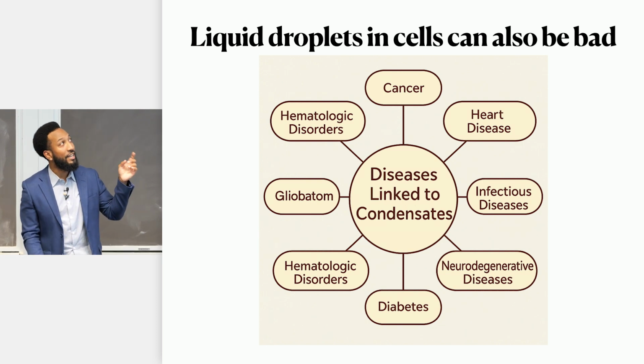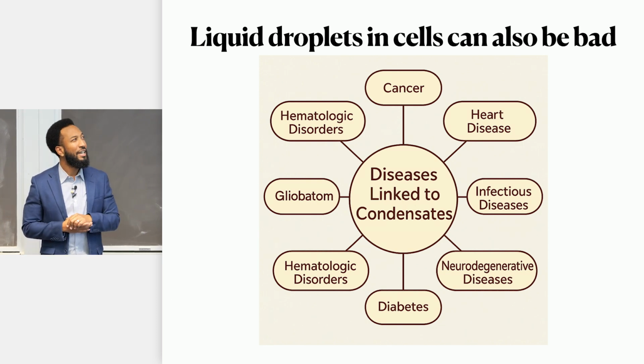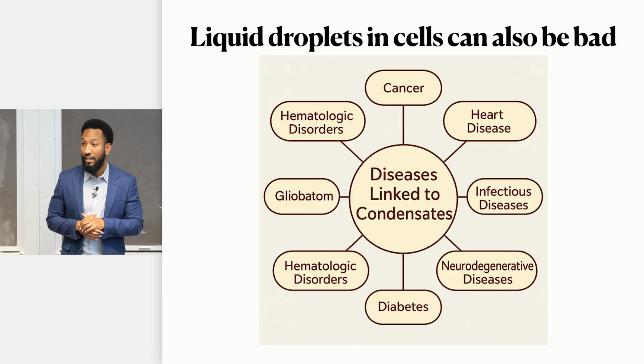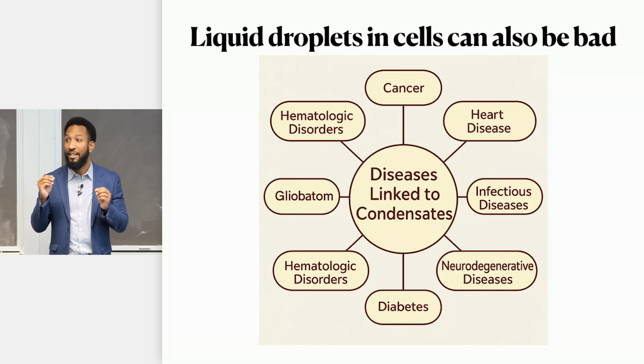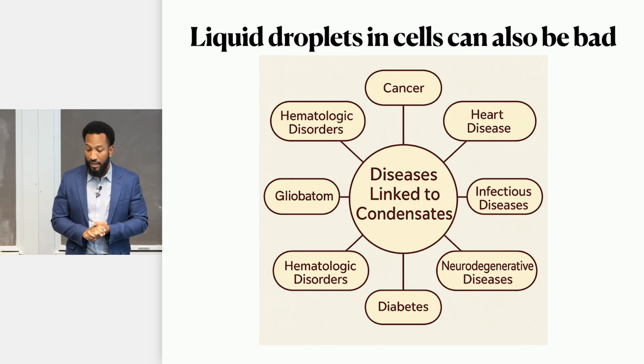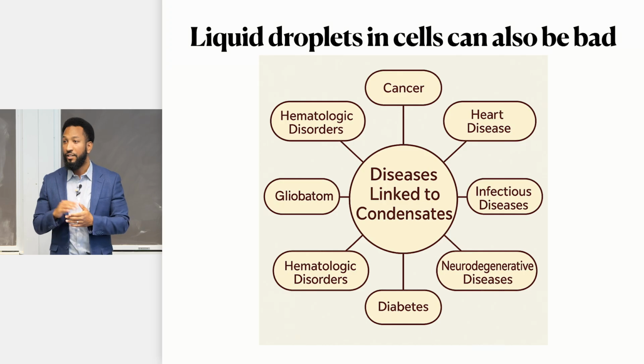This is a list of potential diseases that are linked to condensates. For instance, cancer: there are some condensates that, when they go awry, could lead to metastasis in cancer. There are some that are related to diabetes, and some that are related to neurodegenerative diseases.